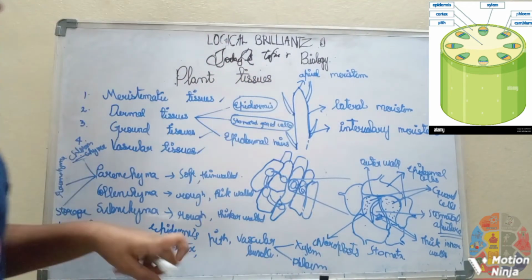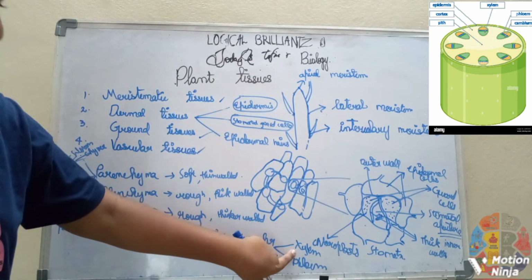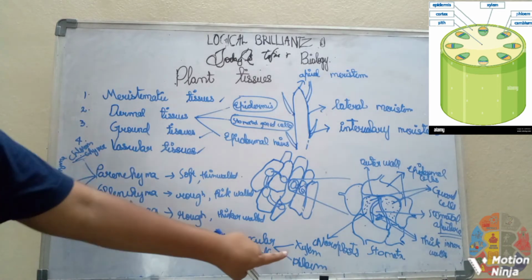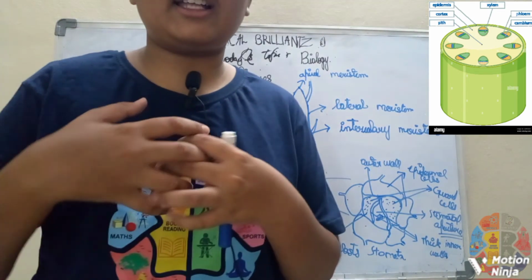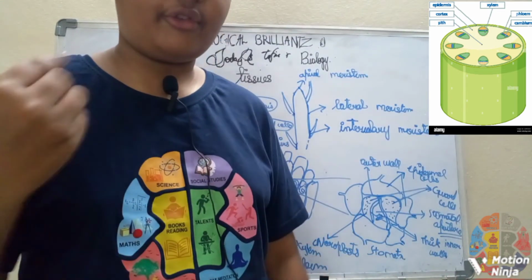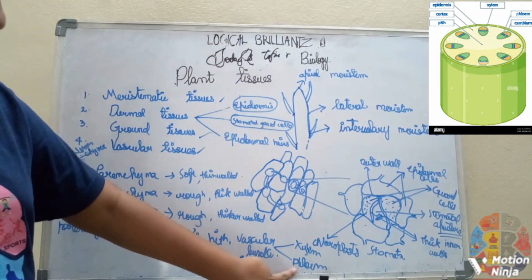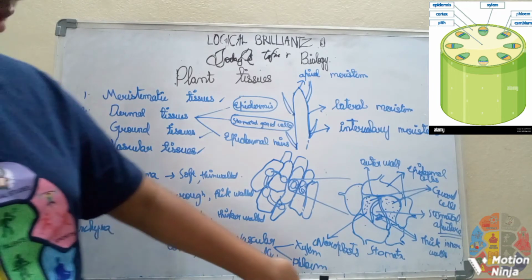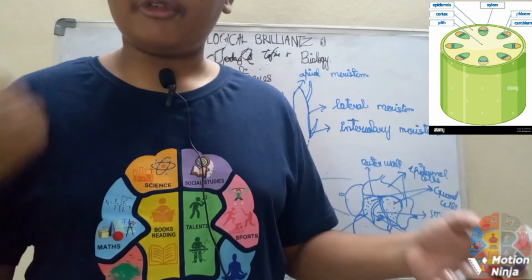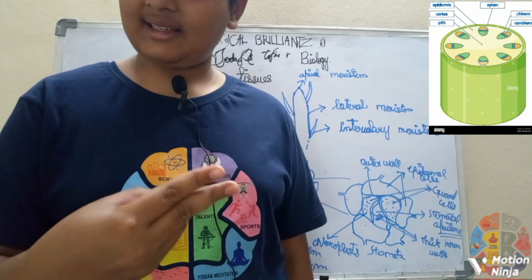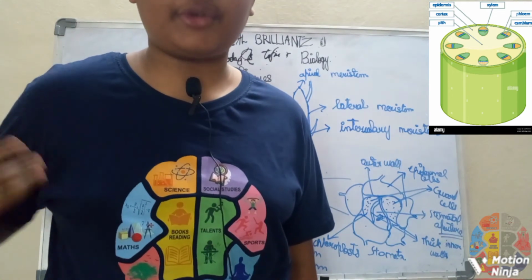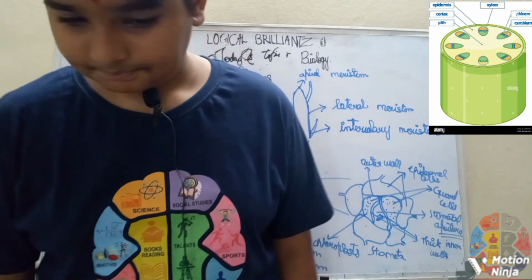These xylem tissues help in transportation of water, salts, and so on. And phloem tissues help in transportation of food, material required for photosynthesis, and so on.